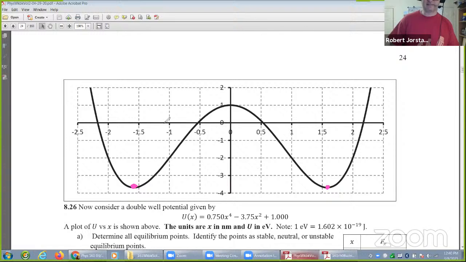Any guesses? This is a plot of U versus x. And I asked about speed. Do you know anything that relates U and speed? What would you try and do here?